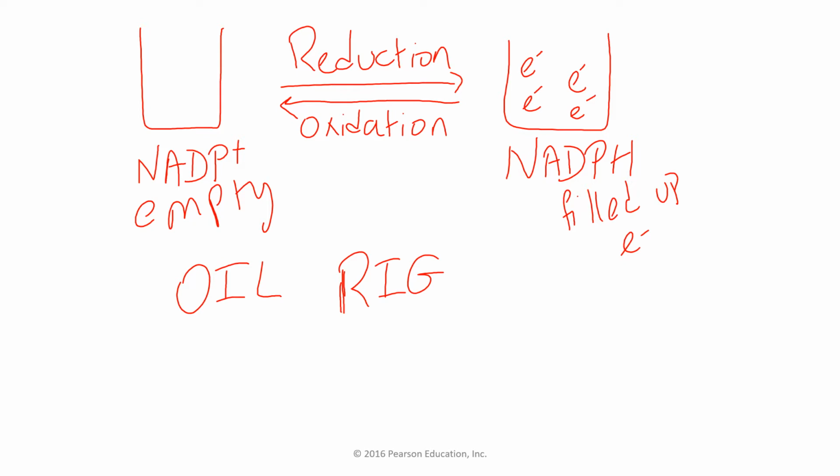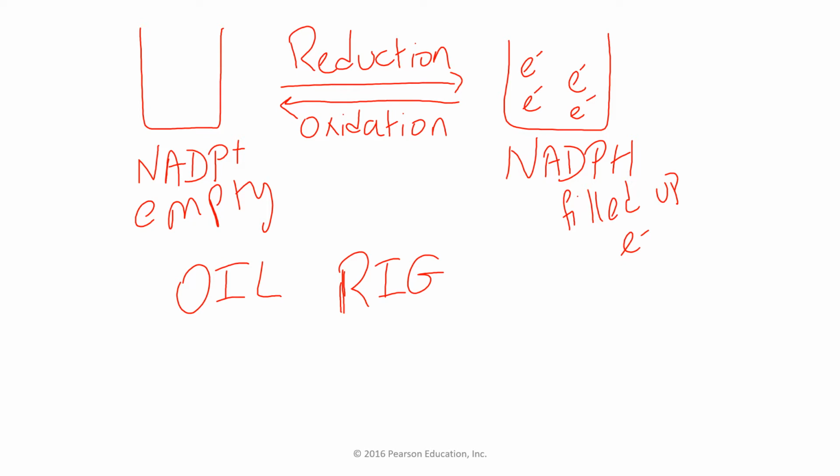Reduction is gain and oxidation is loss. All you're doing is gaining electrons or losing those electrons. Or you can think of it as gaining a bunch of hydrogens and losing a bunch of hydrogens. So when NADP positive gains electrons and hydrogen, it becomes NADPH.